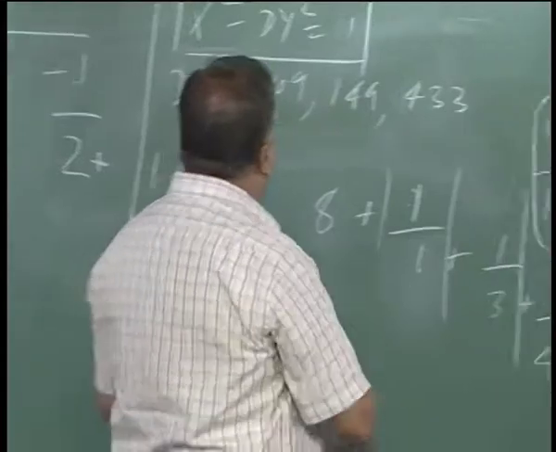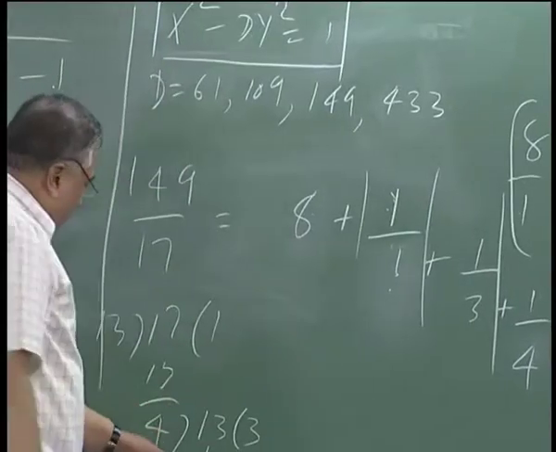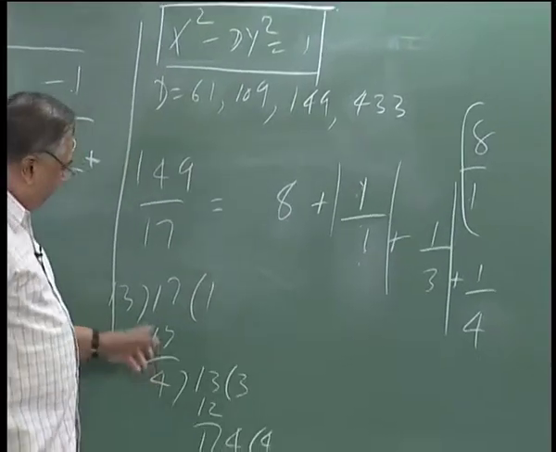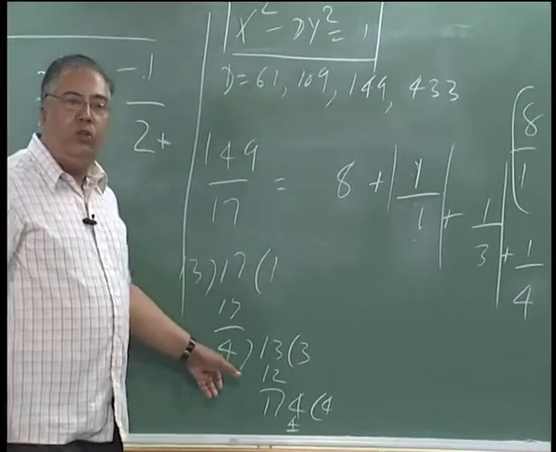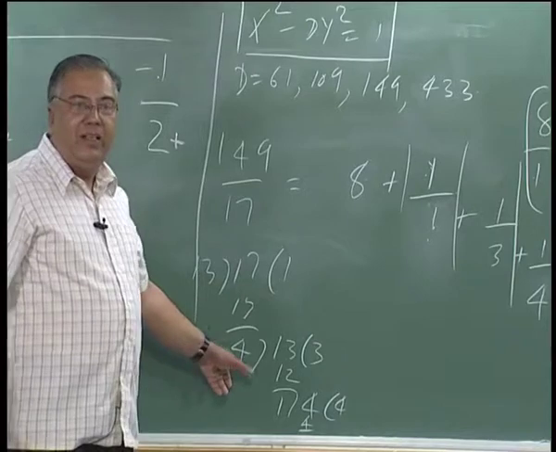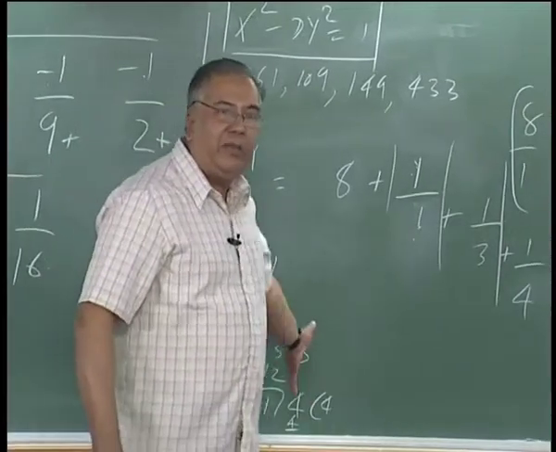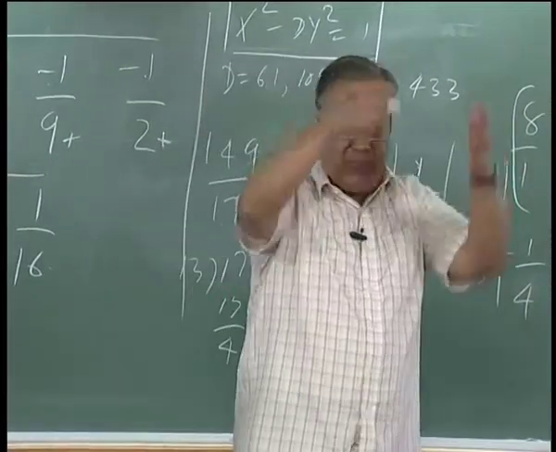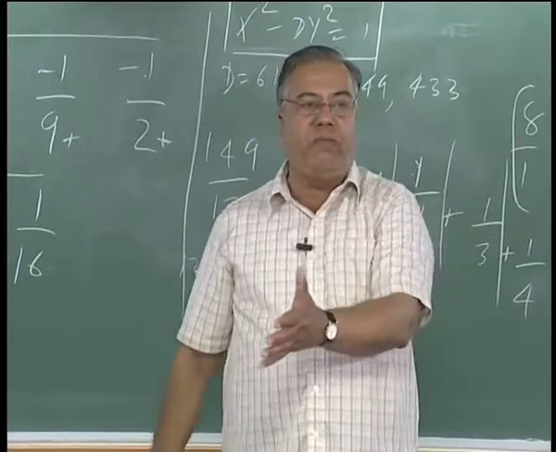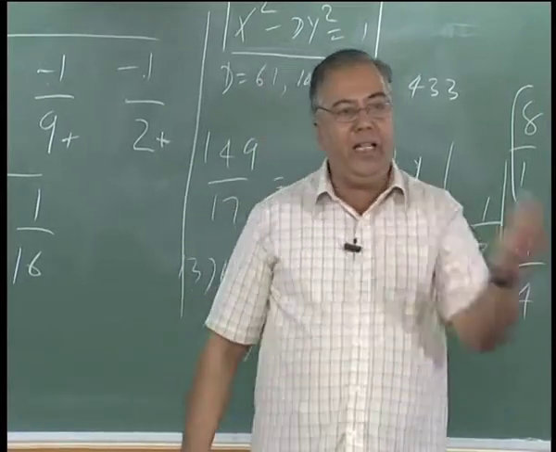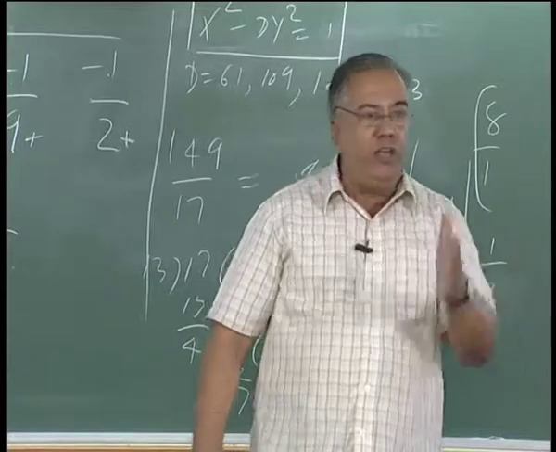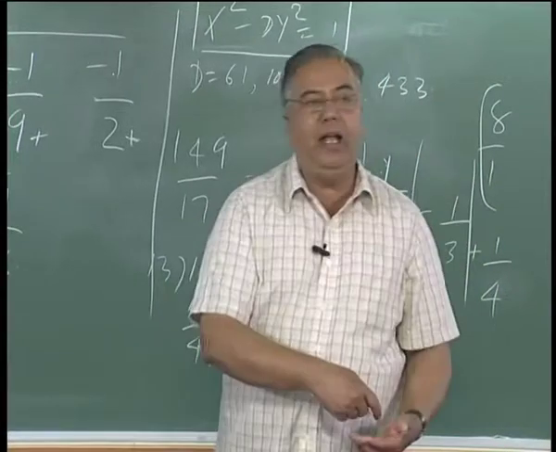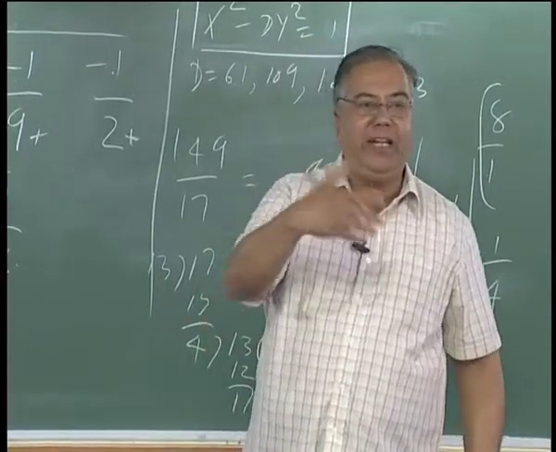Fine. In fact, even in this Kuttaka, in each step what I was doing is taking the remainder. Instead of it, I can take the nearest integer. Then the number of steps needed in reducing even a rational number into a continued fraction will be less than the number of steps needed when you are always taking the remainder to be positive.